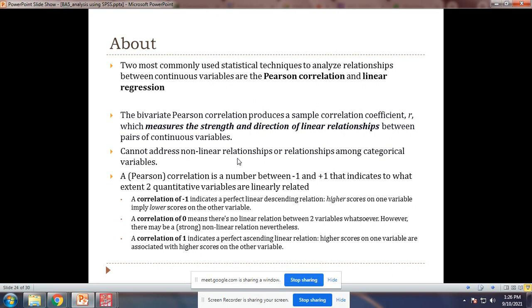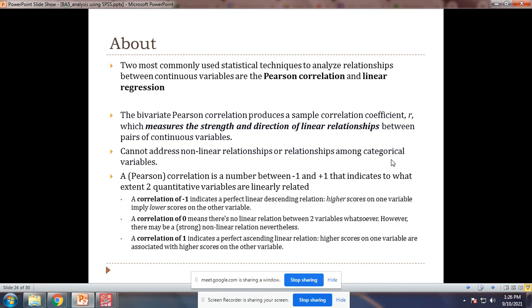That is why before we even run the correlation test, we plot the scatter plot in order to know whether the relationship is a linear one or a non-linear one. If it is a non-linear one, then we cannot use correlation. There are other tests that we have to use in order to measure the relationship between the two variables.